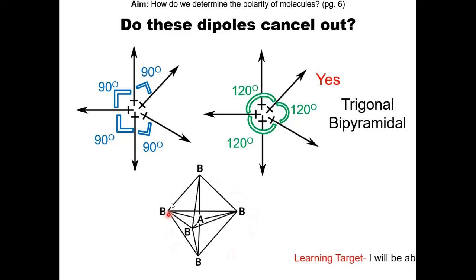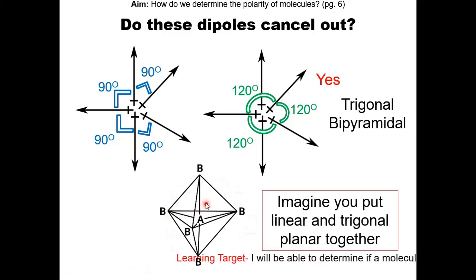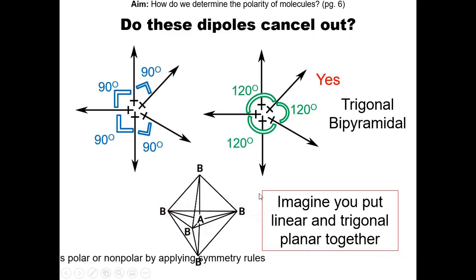The trigonal bipyramidal shape is a combination of the linear and trigonal planar shape. From top to bottom, that's the linear, and the middle part is the trigonal planar shape. So we already know dipoles in linear and trigonal planar shapes cancel out. So dipoles in the trigonal bipyramidal shape will cancel out. So molecules with a trigonal bipyramidal shape with the same size dipoles are considered nonpolar.